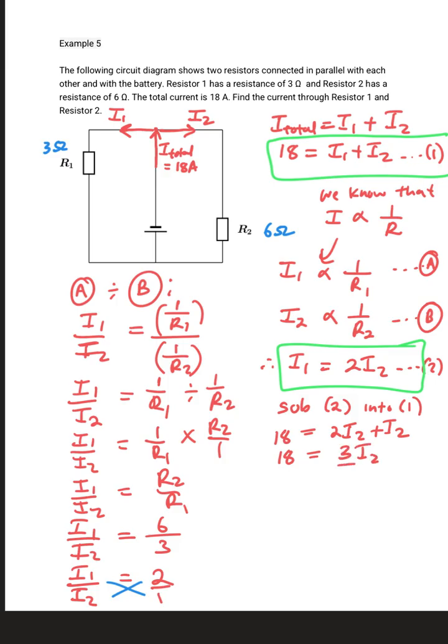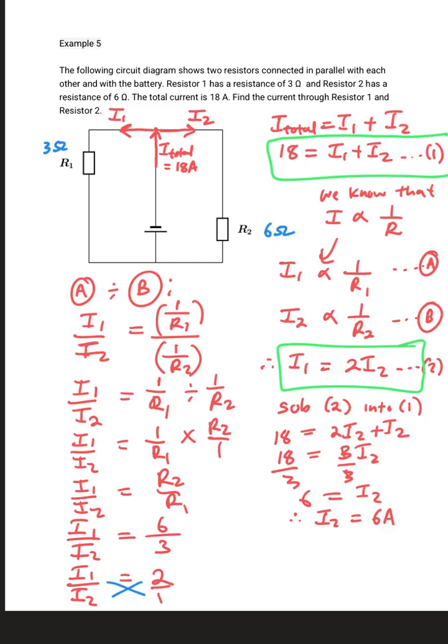Then we divide both sides by 3, and 18 divided by 3 is 6. Therefore, I2 is 6 amperes.